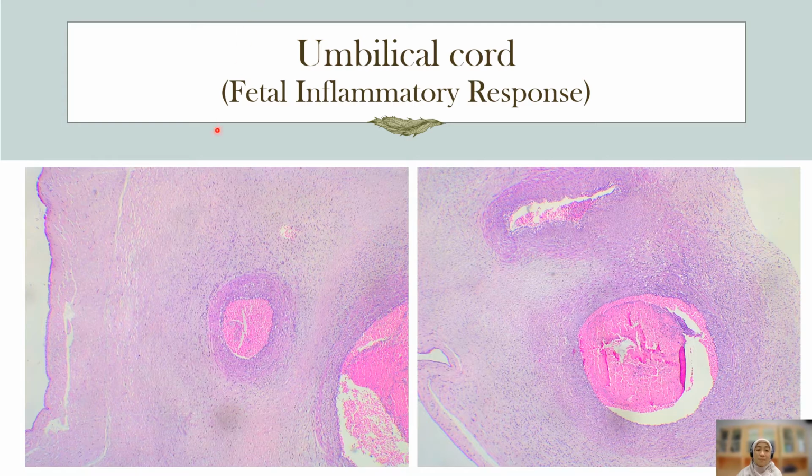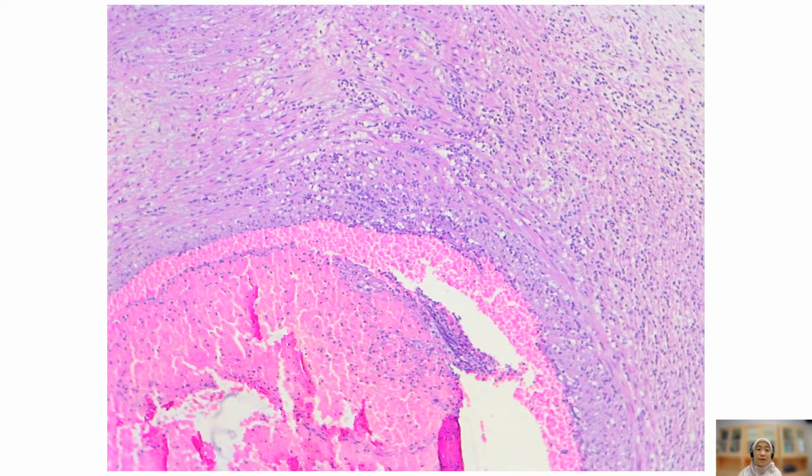Here we can observe multiple dots surrounding the blood vessel wall. These dots actually are the acute inflammatory cells. In the higher magnification here, we can see the neutrophils that were originally located in the lumen of blood vessels have crept up to the vessel's wall.